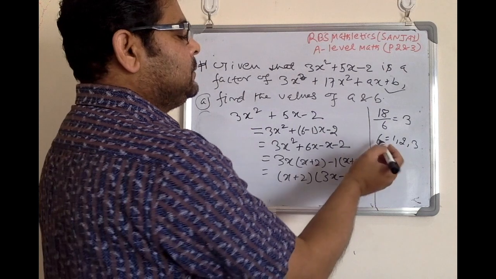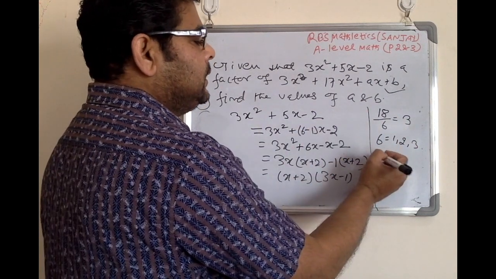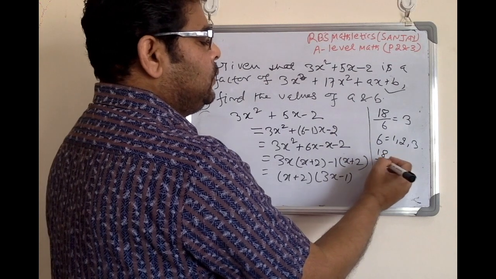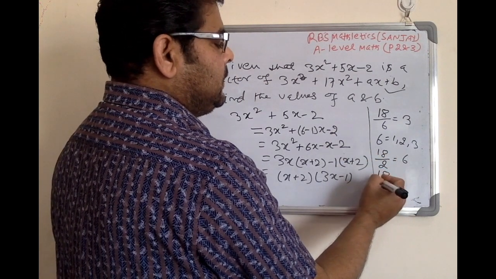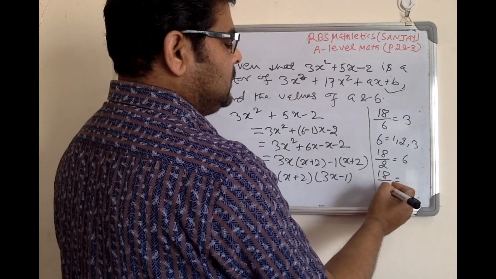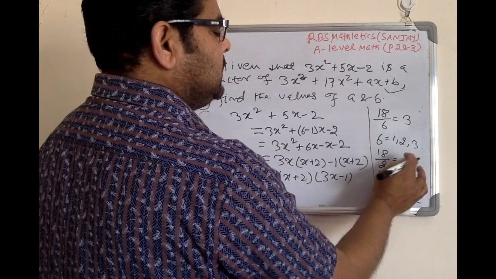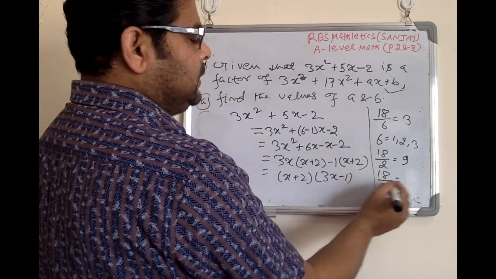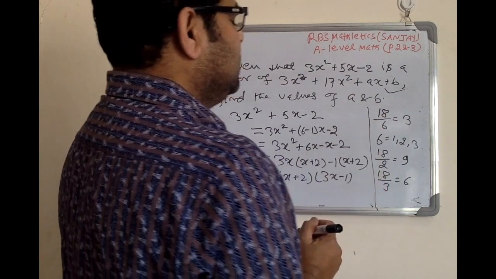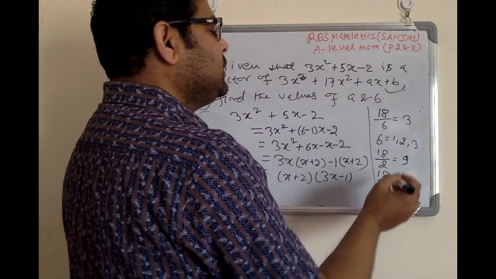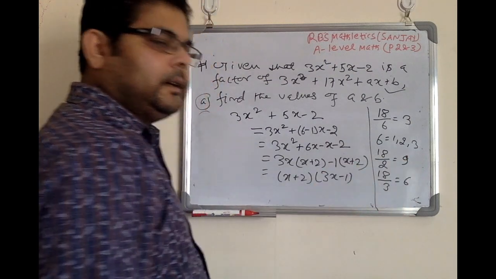Do you think a factor of 6 is also going to divide 18? Let's see here. 18 divided by 2 gives you the value 9, sorry, and 18 divided by 3 is going to be 6. So as 6 divides 18 exactly, a factor of 6 also divides 18 exactly, and you can see the situation over here.